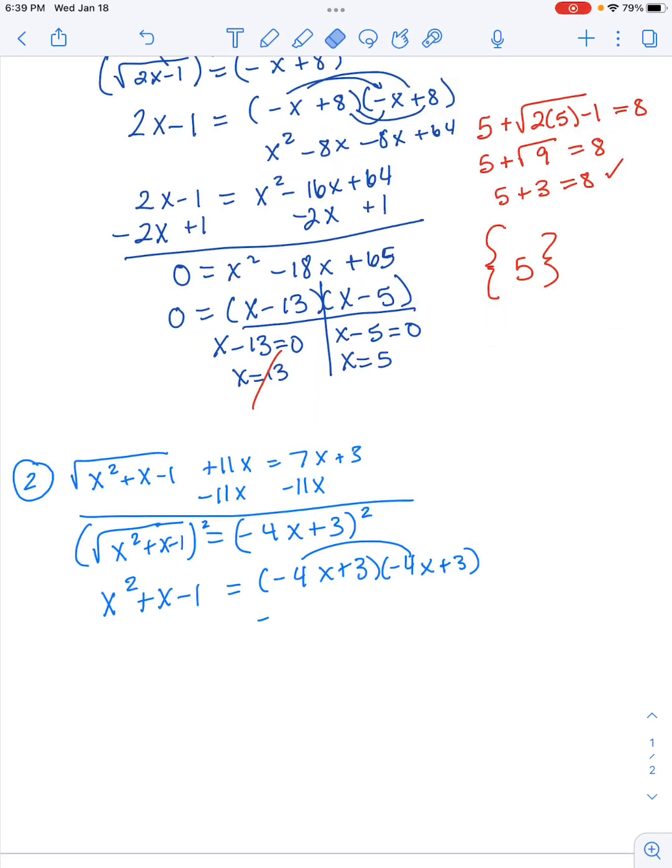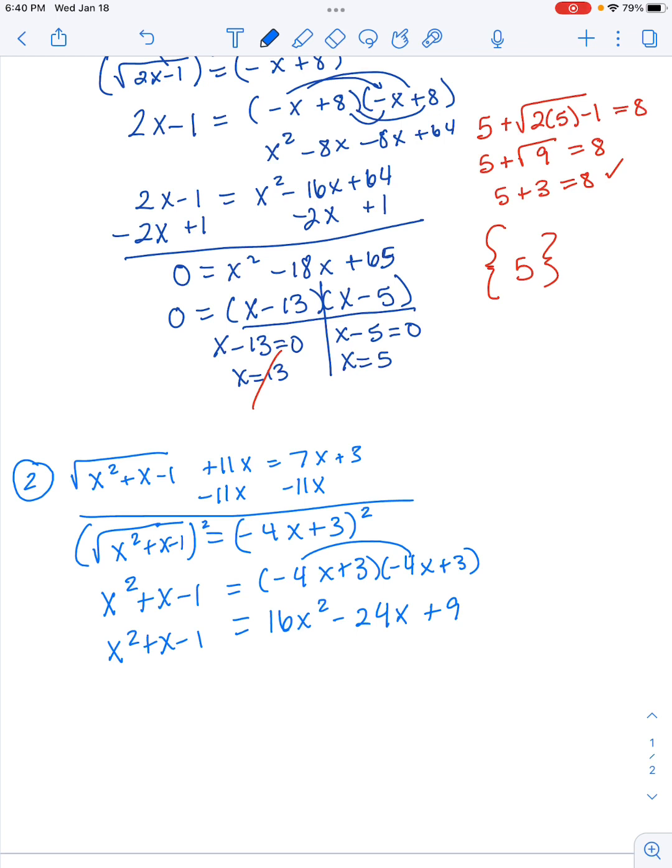Okay, so if we use FOIL, we're going to get 16x squared minus 24x plus 9. x squared plus x minus 1.